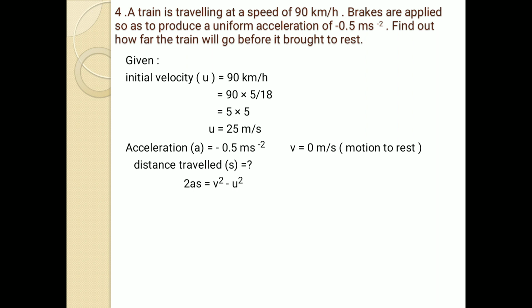Is it clear? So now we need to substitute all the values. 2as means 2 into a into s, is equal to v square minus u square. See, now I'm going to substitute all the values. 2 into the a value, minus 0.5, into s, which we have to find out. Write s as it is, is equal to 0 square, because the final velocity is 0.